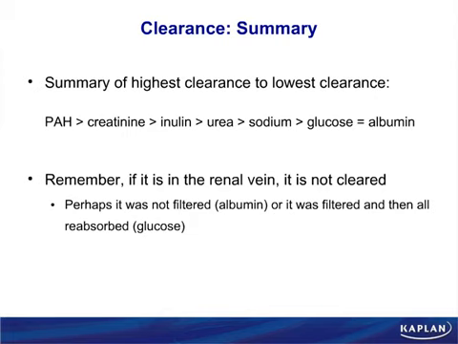Remember, urea is filtered and urea is reabsorbed, however, urea is poorly reabsorbed. Then sodium. Greater than 99% of the sodium you filter is reabsorbed. Then glucose. If you're not hyperglycemic, you reabsorb 100% of the glucose that you filter. Albumin you don't even filter.